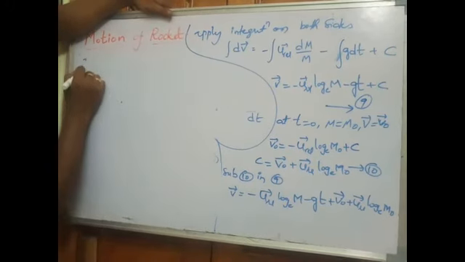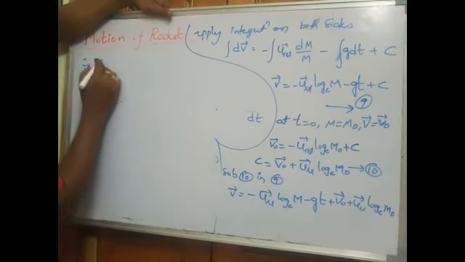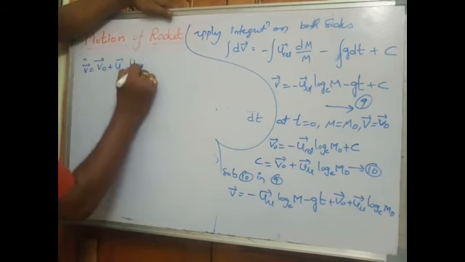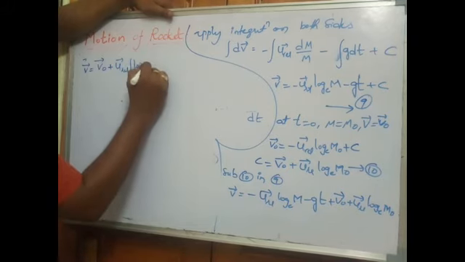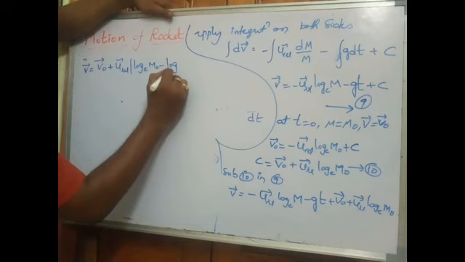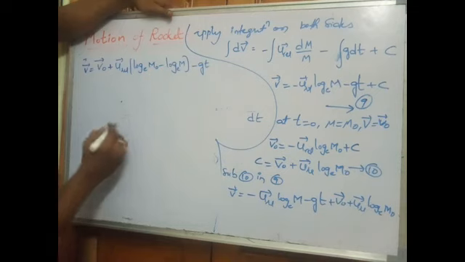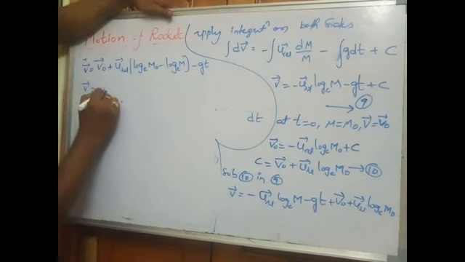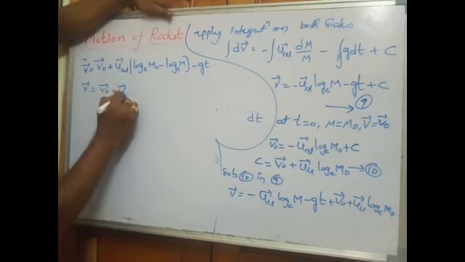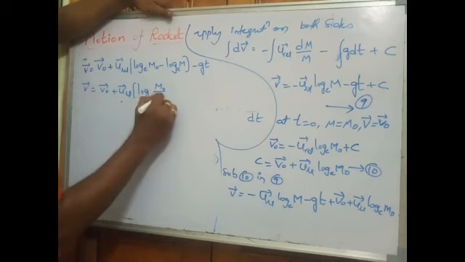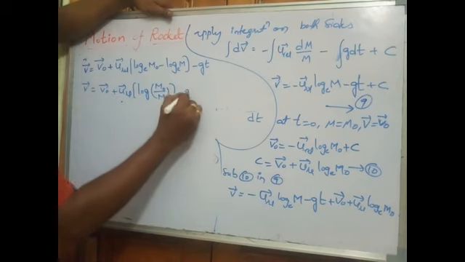Adjusting that equation, we get v bar equals v naught bar, plus relative velocity common, into log e m naught minus log e m, minus gt. So finally, v bar is equal to v naught bar plus relative velocity into log of m naught by m, minus gt.